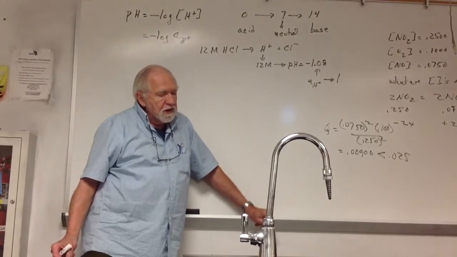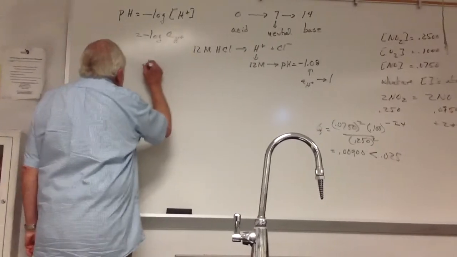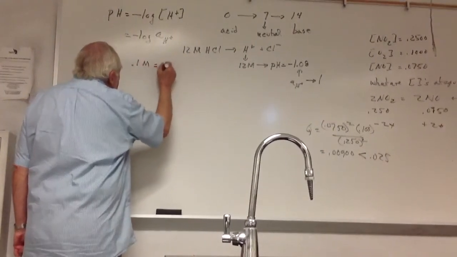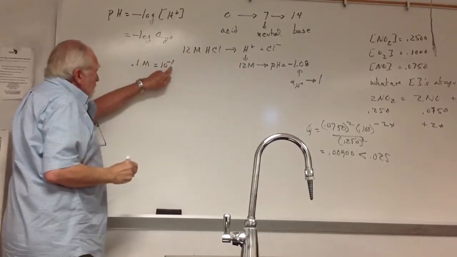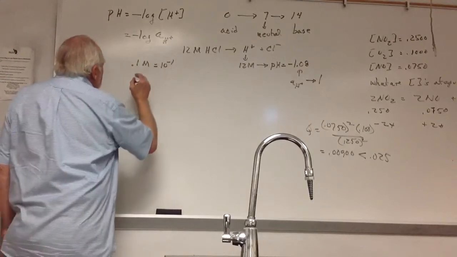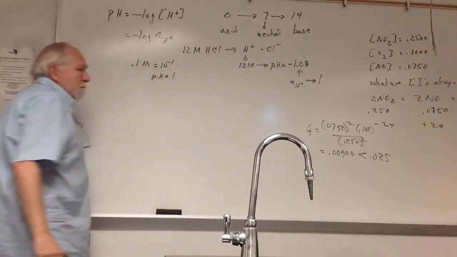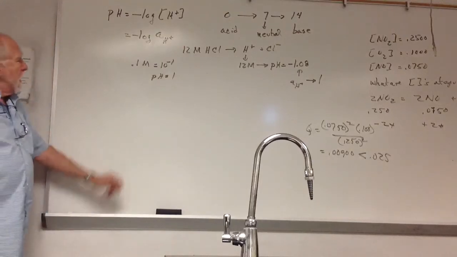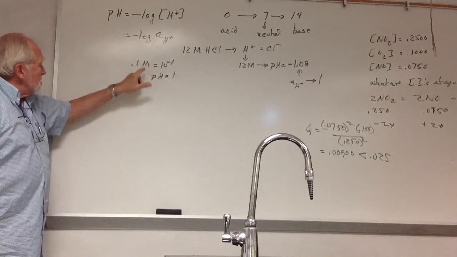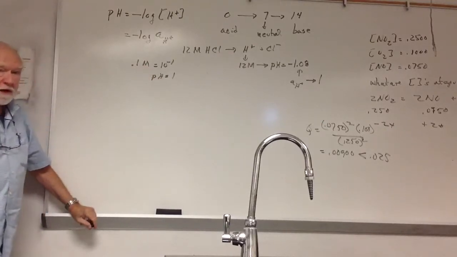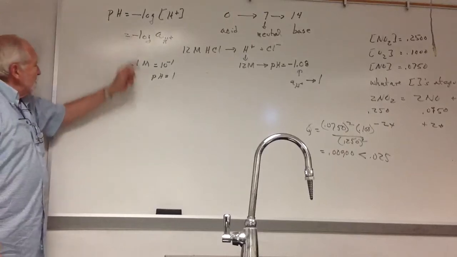But notice, as soon as you get to like 0.1 molar, the negative log of this, since the log is the exponent of 10, would be what? 1. And at 0.1 molar, the activity is pretty close to 1.